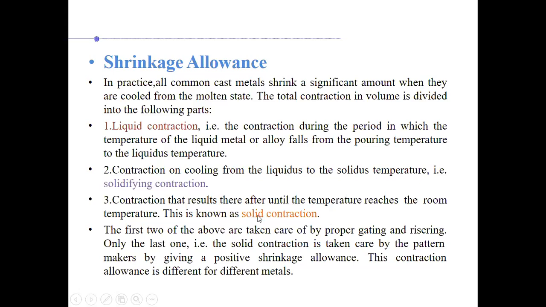That contraction has to be taken into account by giving a positive shrinkage allowance, that is, keeping the size more. For example, if I want a casting of 50 mm length, I will keep the pattern at 52 mm, so that once it solidifies, it will contract, and therefore I will get 50.